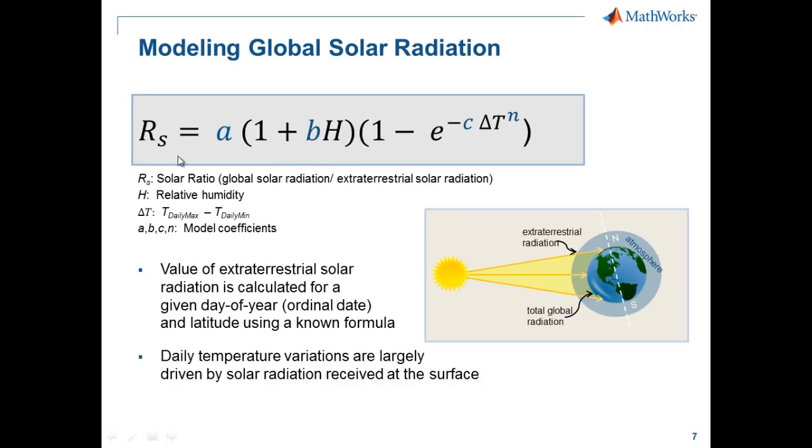So we have these actual measurements for each of these three, and our goal is to estimate the parameters A, B, C, and N to give us the best fit for our data. Because once we have those coefficients, we can then use them to make predictions on future conditions. So that's the end goal for today, to build a model so we can make predictions on solar radiation. But for now, let's step back and go back to basics and take a look at MATLAB.